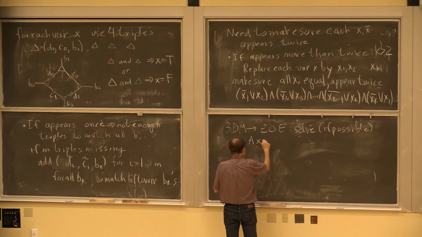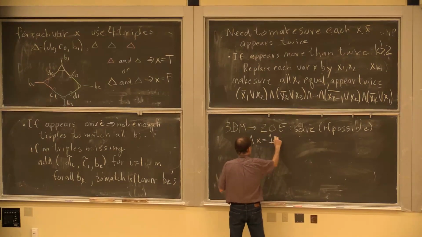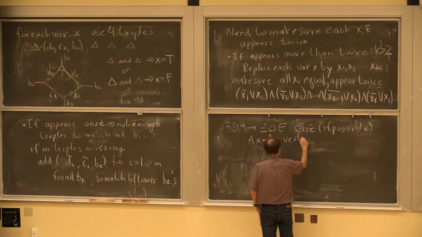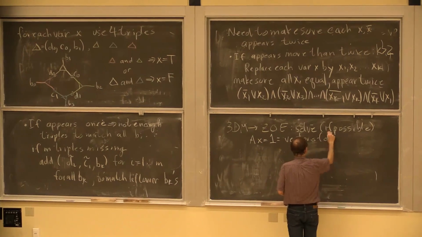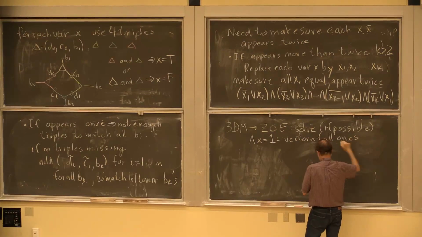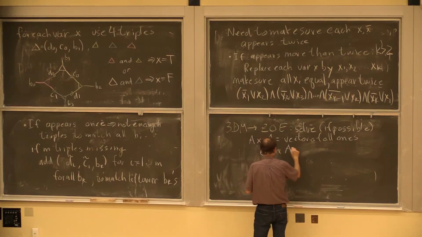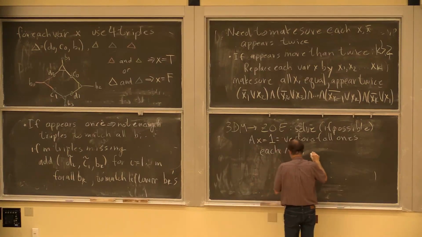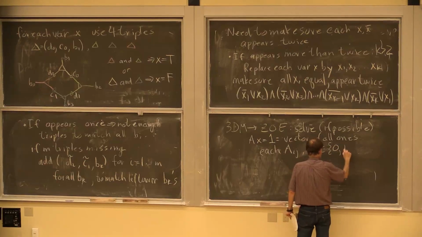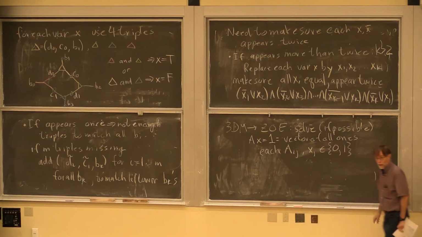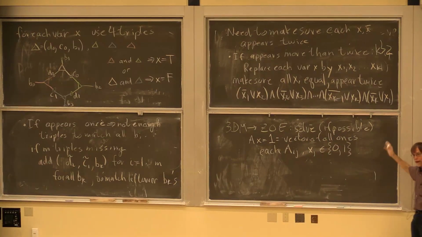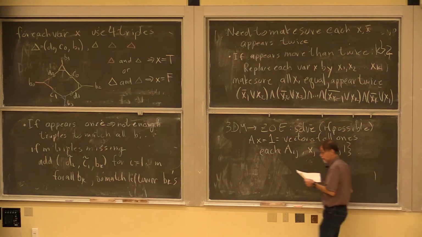A times x equals the vector of all ones, where each entry of the matrix and each entry of the vector is only allowed to be 0 or 1. That's the 0,1 equations problem. Just standard linear algebra, but we're restricting to zeros and ones.